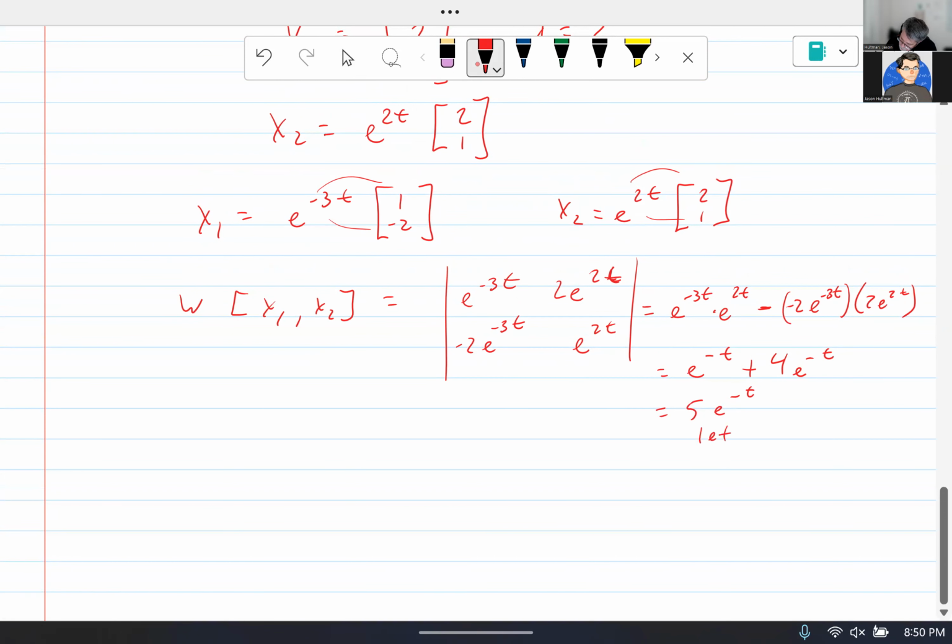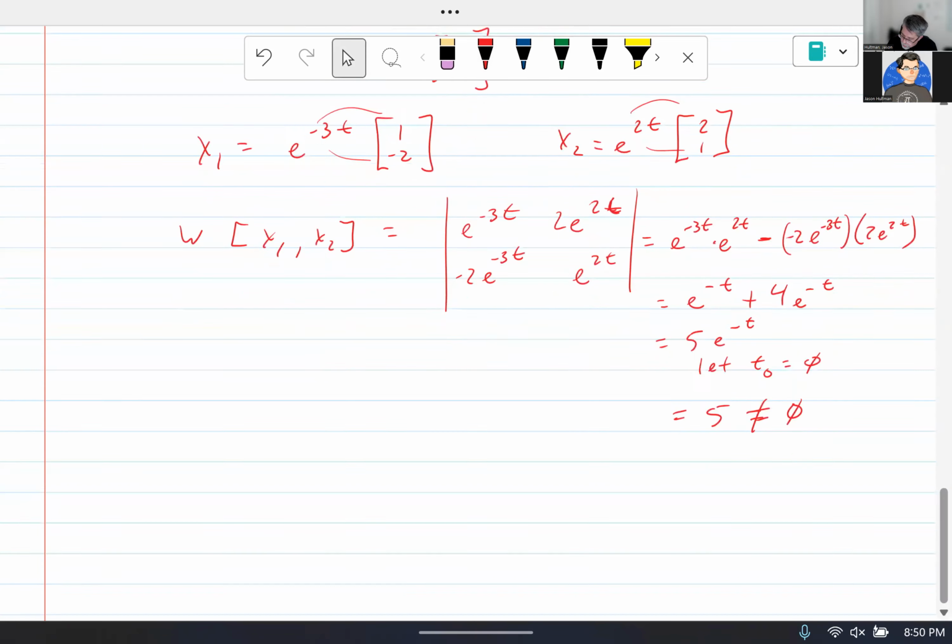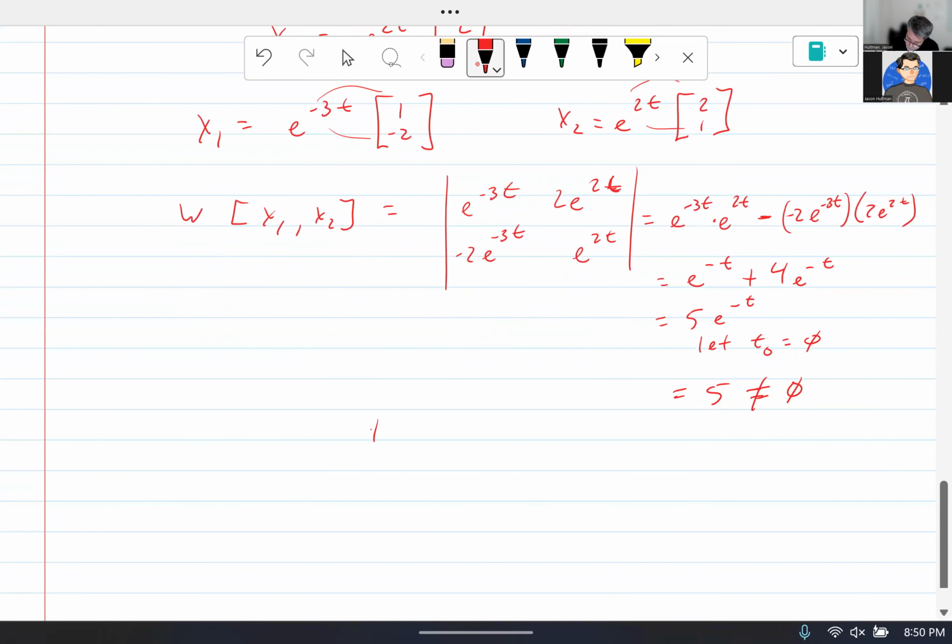Let t not equal 0, then this is not equal to 0, therefore they are linearly independent. That's great.